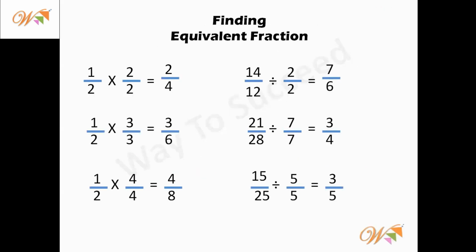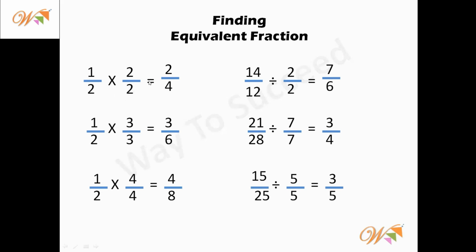What if we have to find equivalent fractions? Sometimes it's very easy to just see and say, oh, this is the same as half. But sometimes you have to find, can there be more equivalent fractions to the same fraction? Yes, there can be many equivalent fractions to one fraction. How do we find them? Very easy. Just multiply the numerator and denominator by the same number.